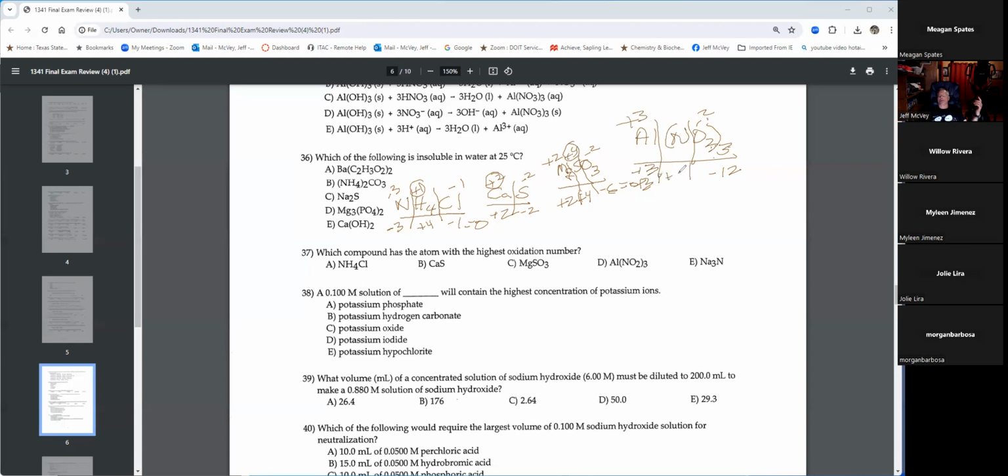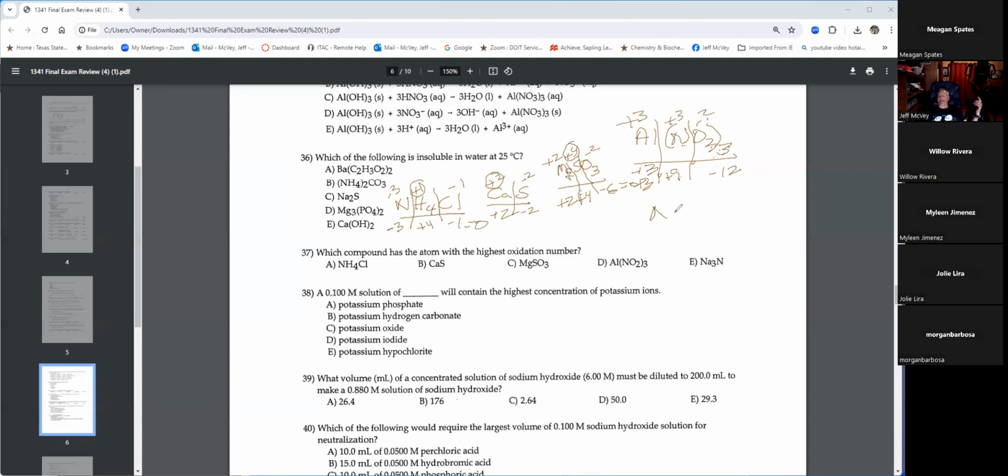Plus 9. I have 3 aluminums, so I have to split that plus 9 up between the 3 nitrogens, so that makes it +3. So right now, sulfur is still the winner.